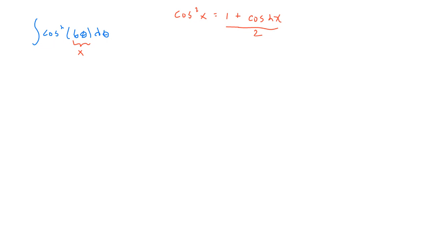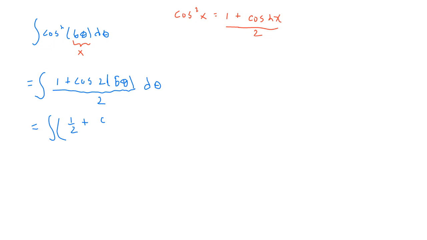So then you could write this as the integral of 1 plus the cosine of 2 times 6 theta, all over 2, d theta. And so this would be the integral of a half plus cosine of 12 theta over 2 d theta.